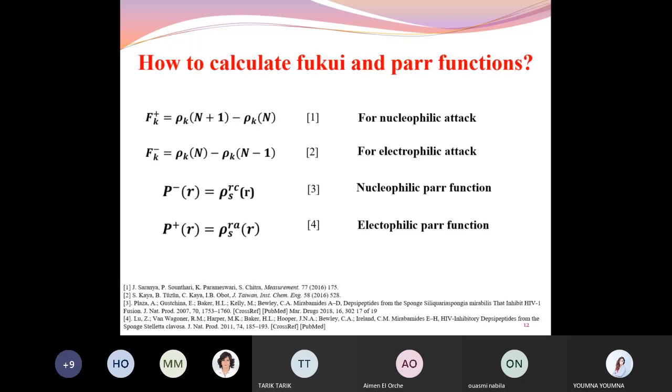In this work, we use the most important factors that determine the applications of the molecular system, which is reactivity. The Fukui functions in a molecule can be defined in the following equations, where rho k N plus 1 and rho k N minus 1 are the natural populations of the atoms k in the neutral, anionic, and cationic species respectively.